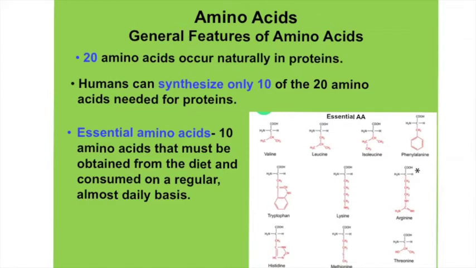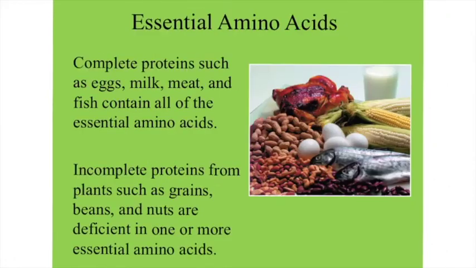So if you eat meat, meat contains all of the amino acids that you need to eat. If you don't eat animal products, then you have to make sure that your diet is balanced so that you get all 20 amino acids in your diet. Okay, so animal products such as eggs, milk, meat, and fish all contain all of the essential amino acids.